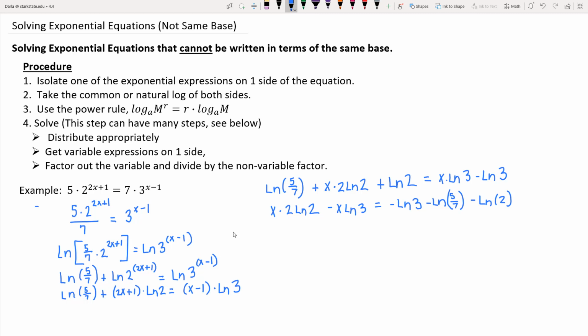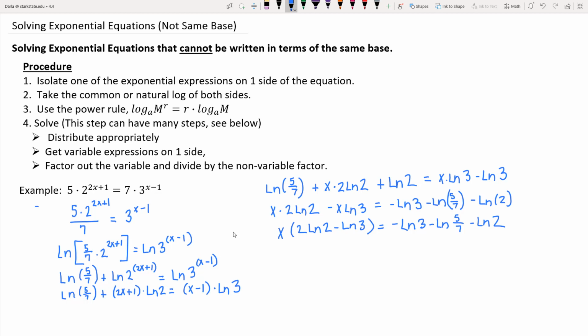And so on this left-hand side, each of those terms has an x, so we can factor that out, which leaves us 2 natural log of 2 minus natural log of 3 equals negative natural log of 3 minus natural log of 5/7 minus natural log of 2.